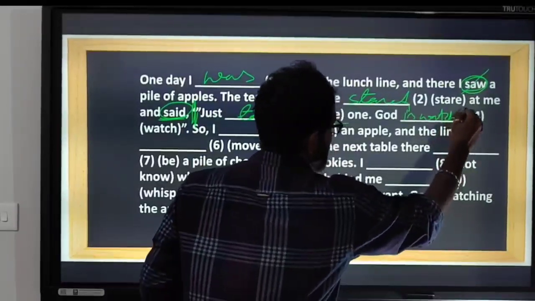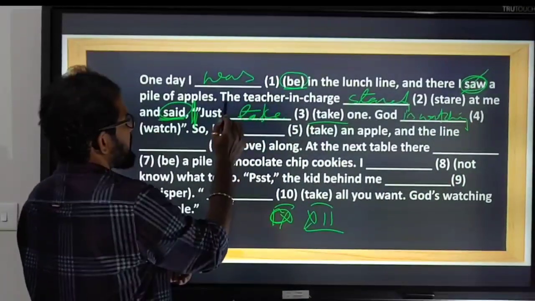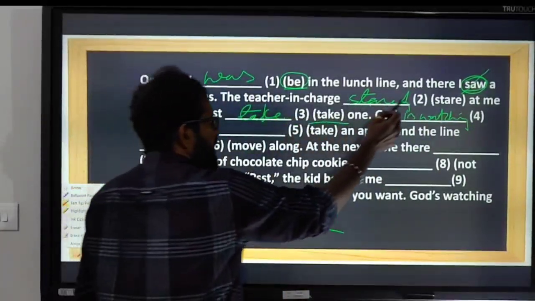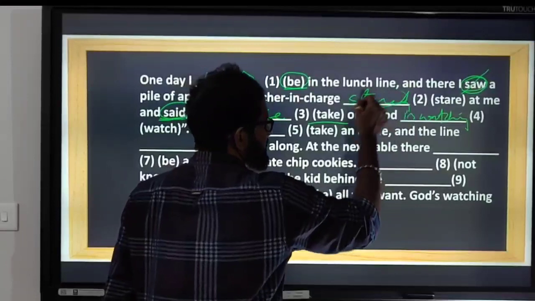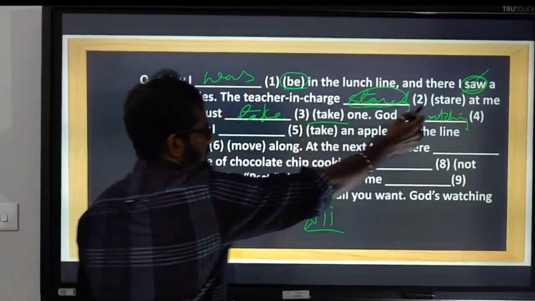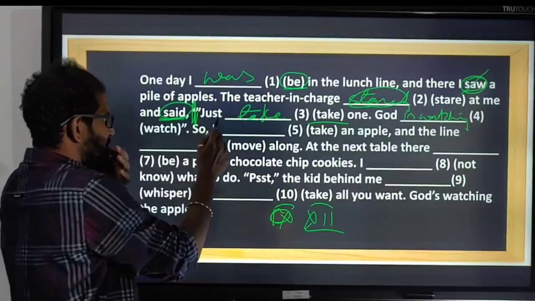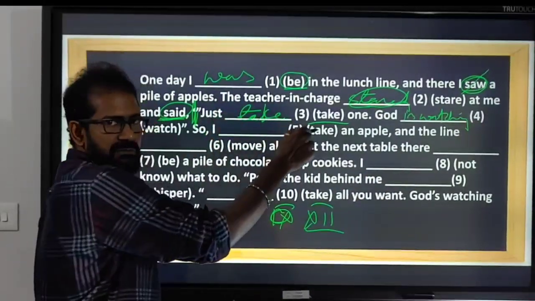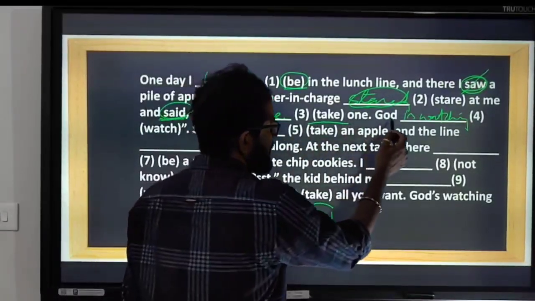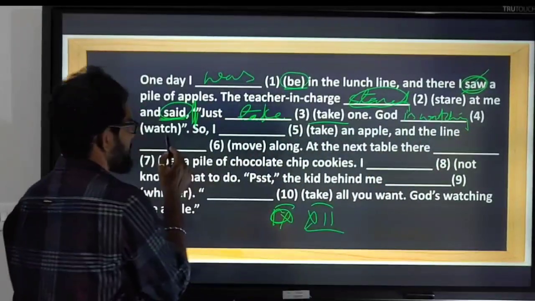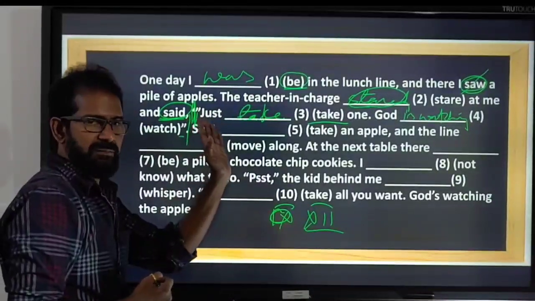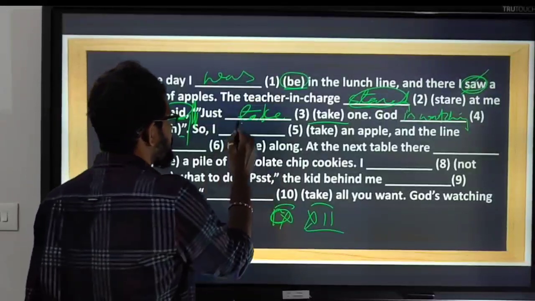God is watching. The teacher in charge stared at me and said, we used past tense here. The reason is, suppose the paragraph is in past tense. Stared at me and said, just take, inverted commas begin. So we go with the present tense now. Take one. God is watching. Now inverted commas are over, so we go back again to the past tense. So I took.